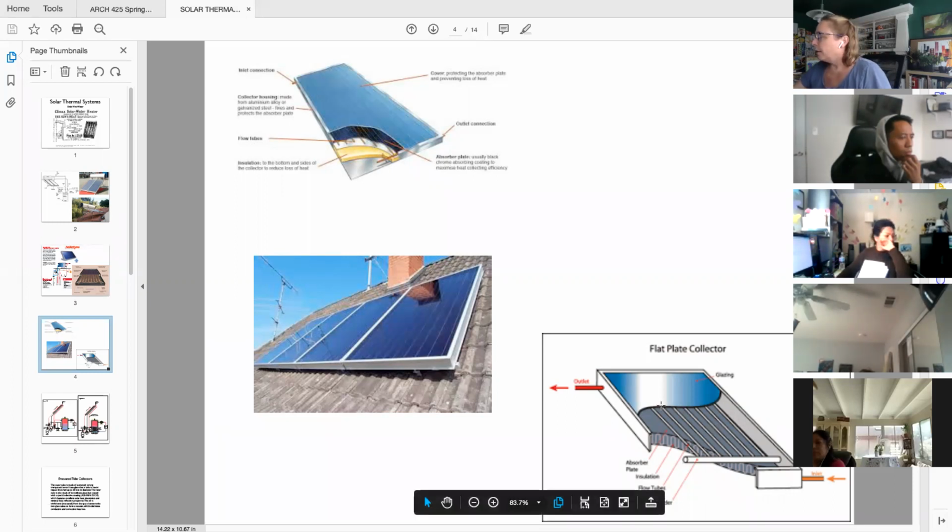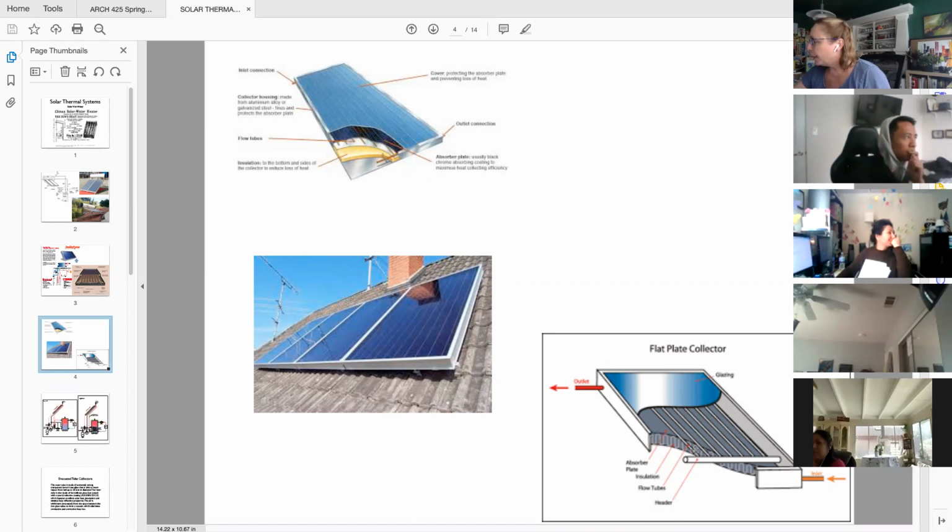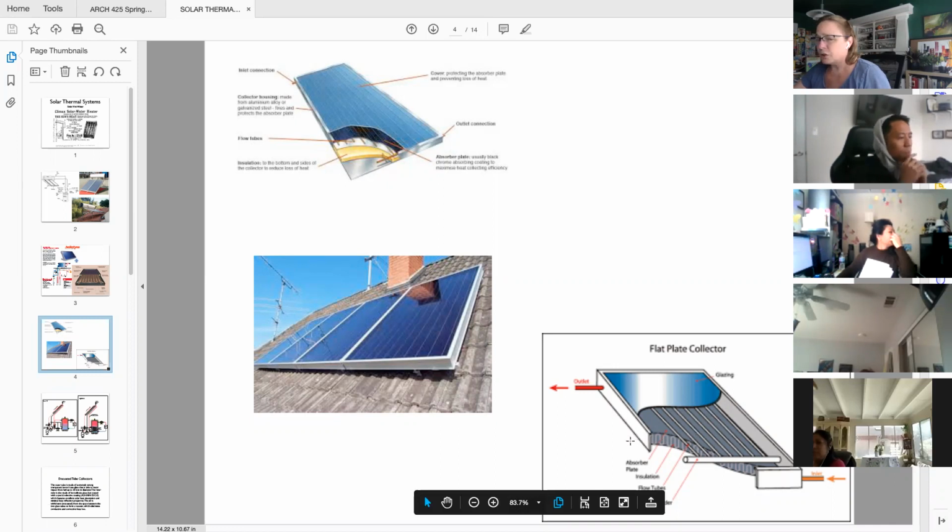They are covered with a glass reflector to help trap the solar energy within the collector so that it stays around the pipes while the water is flowing and the pipes heat up the water. And then below the piping, there's usually a layer of insulation, probably about an inch and a half thick.